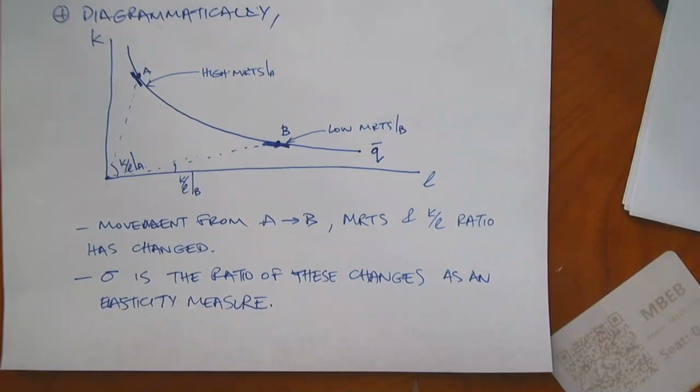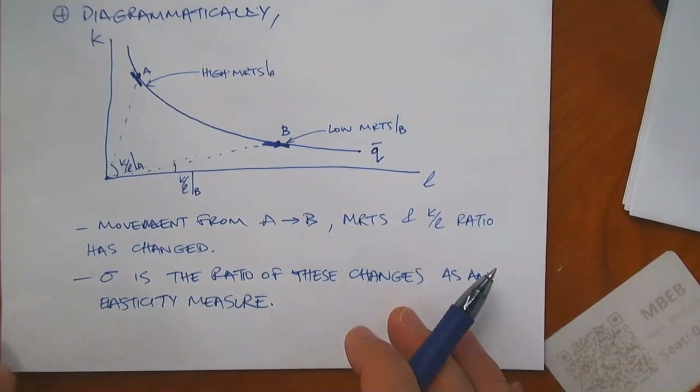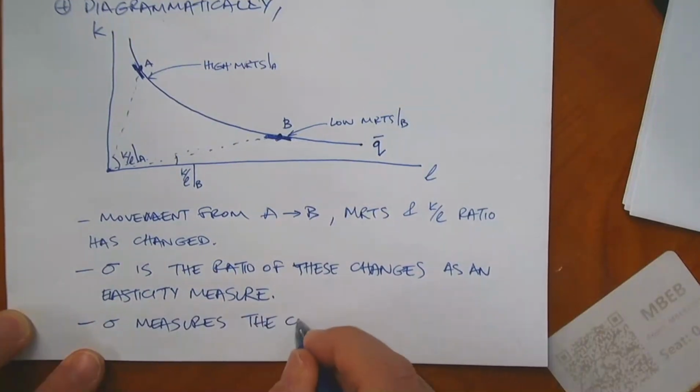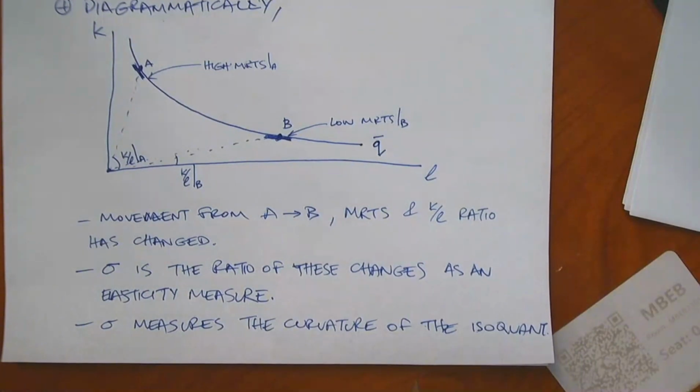That's all that it is. So it might look a little bit fancy, but you want it in a sentence, if you will. Okay. So sigma relates to the curvature of the isoquant. That would be another way of thinking of it, right? So does that make some sense, how we associate relative productivities of inputs to the actual mix of inputs that we're using in the production process?